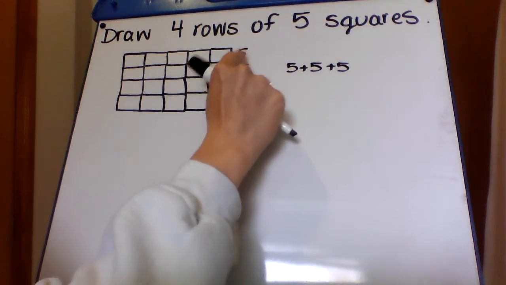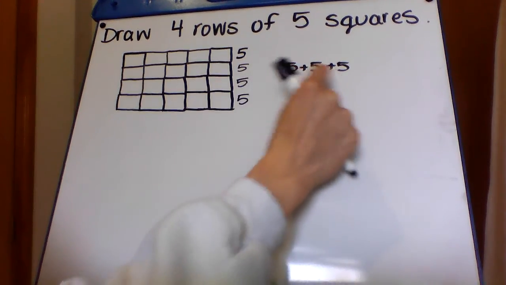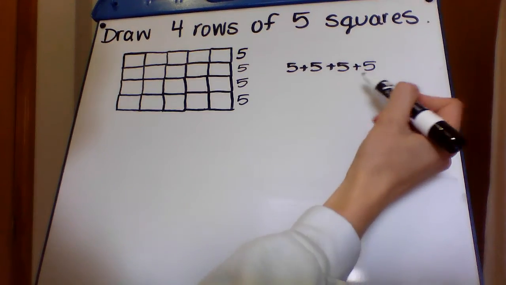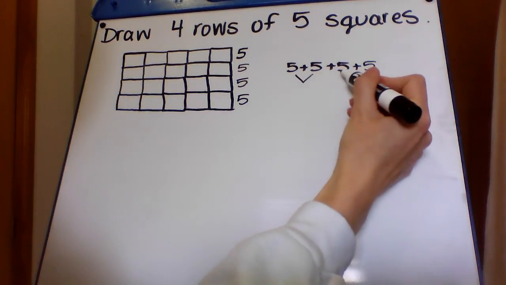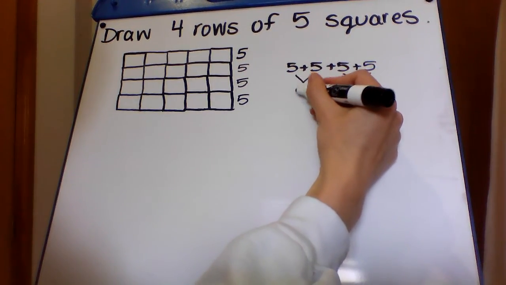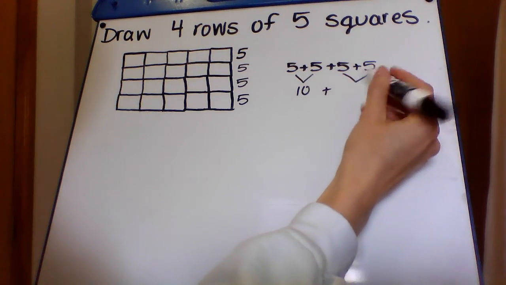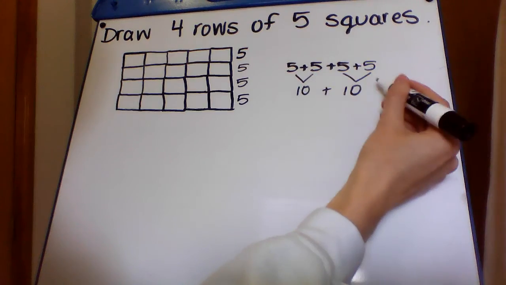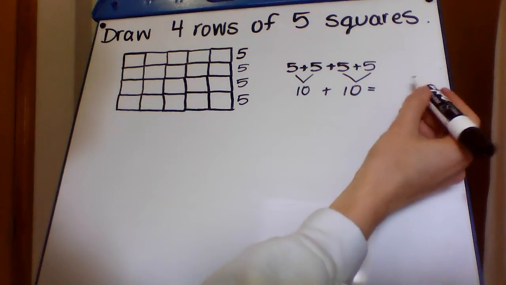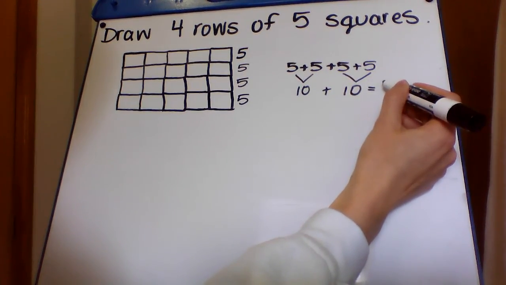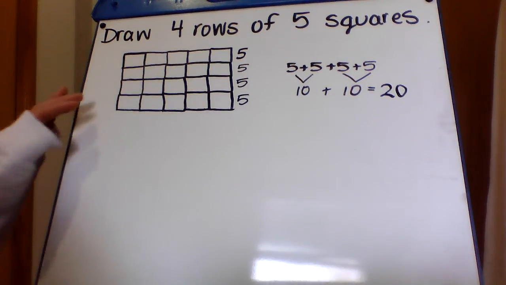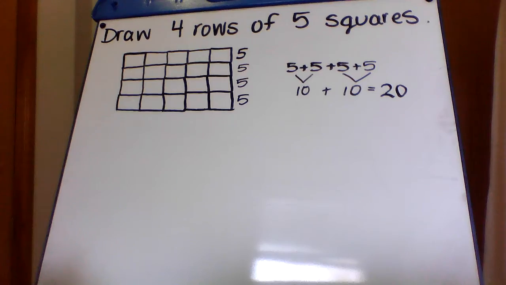So I'm just taking these 5s, plus 5, plus 5, plus 5. And if you're unsure, you can always do this. But 5 plus 5 is 10. And 10 plus 10 is, remember I always give you that think time, is 20. So total we have 20 squares in our array.